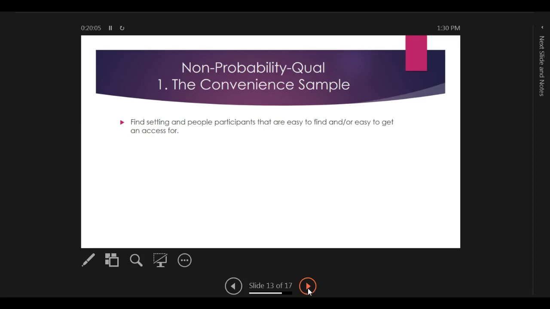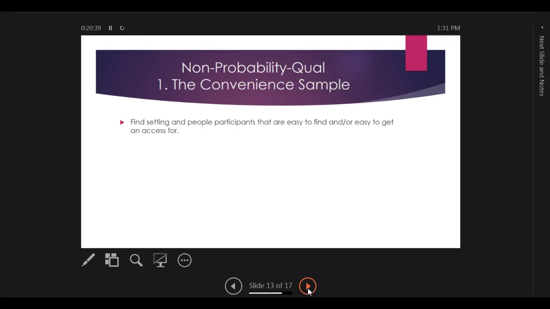Now let's look at non-probability or qualitative research. The first kind is convenience sampling. From the word convenience, I want convenience. And convenience here means accessibility. So if you're a researcher, a teacher who works at a school and you want to conveniently sample the teachers in the school that you're located at, then this is straightforward convenience sampling.